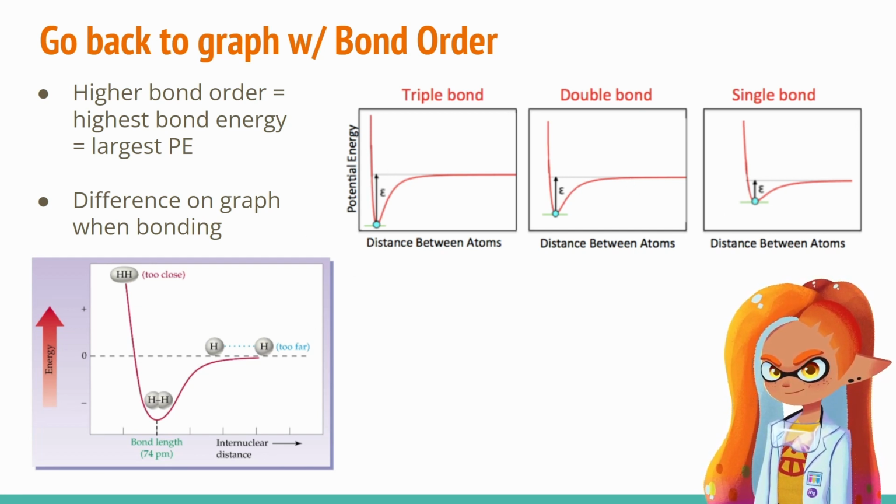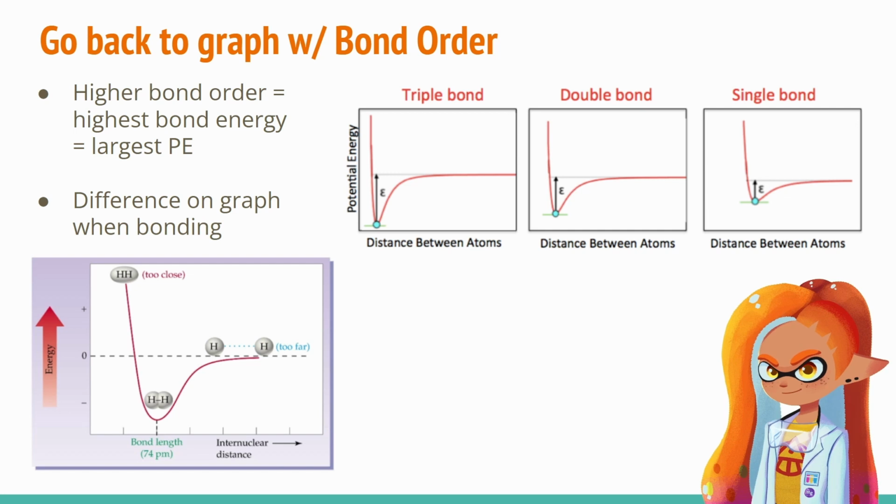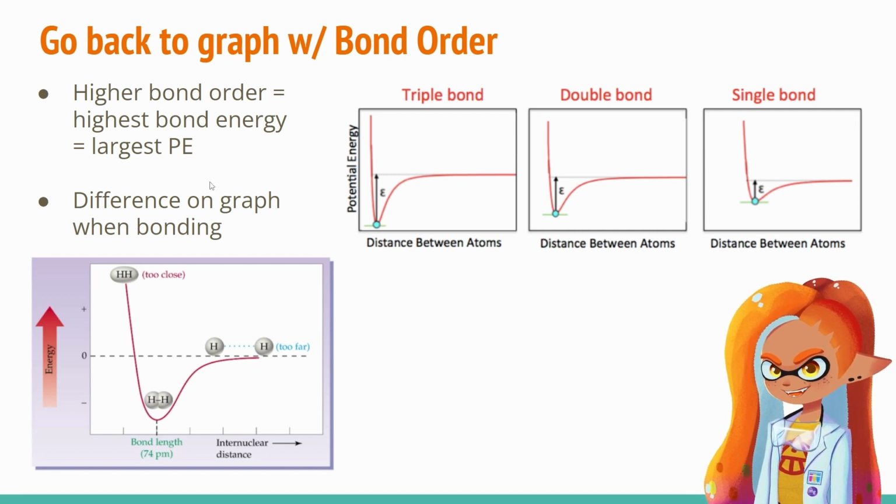Again, the reason why is there are more electron pairs attracting the atoms, holding the atoms together, and therefore pulling those atoms closer together. So again, triple bond is strongest, so it has the most PE released, and it is the shortest, so just know that.